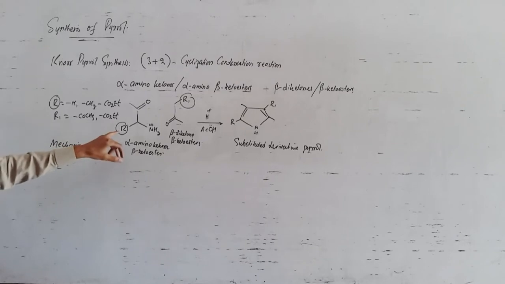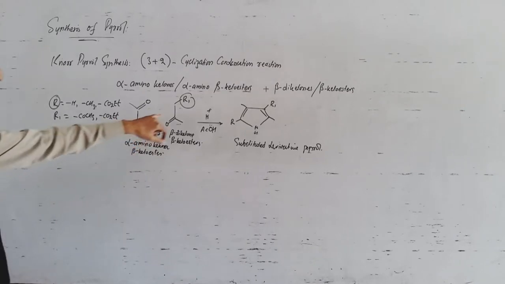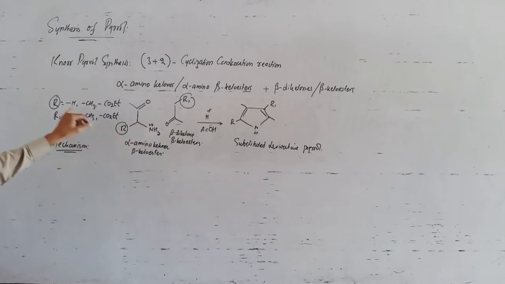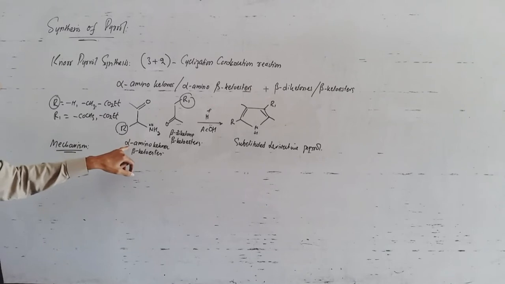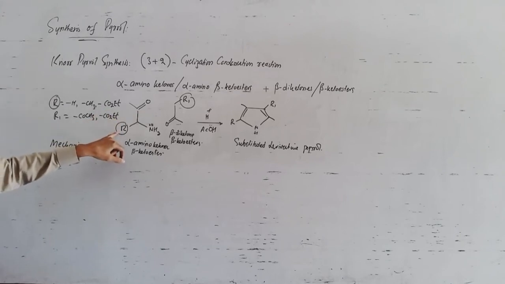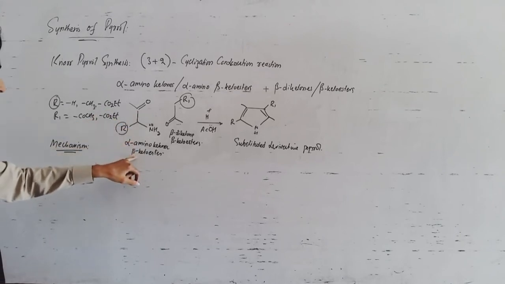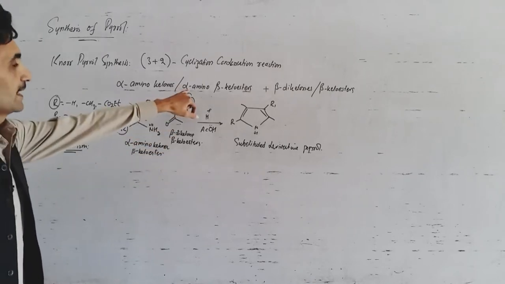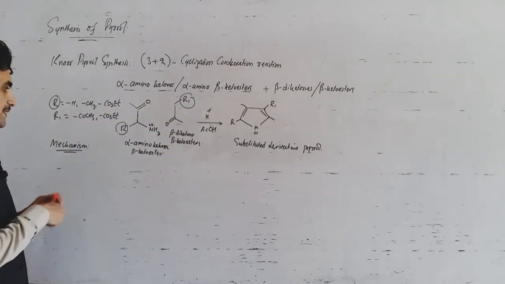Here we have circled R and R1. If R is just a hydrogen or simple methyl group, this molecule will be alpha amino ketone. If we use an ester molecule here, this substrate will be an alpha amino beta ketoester.